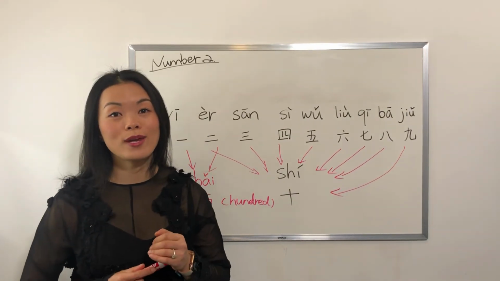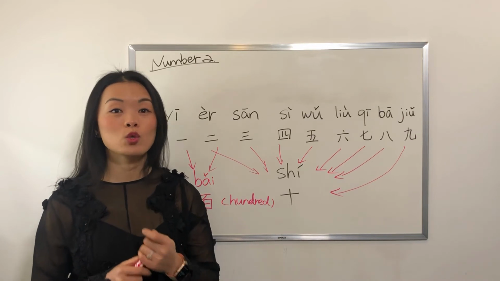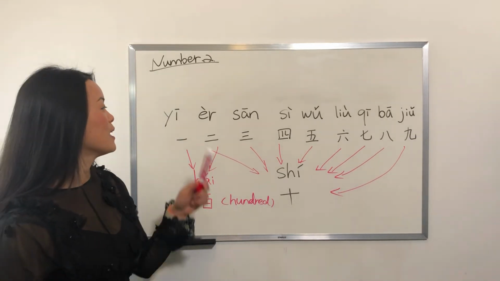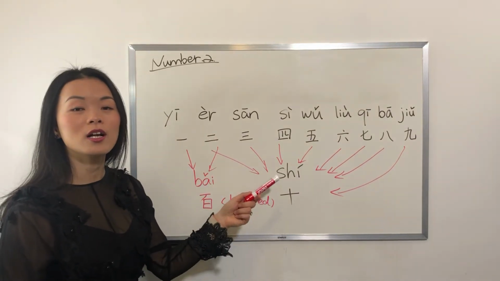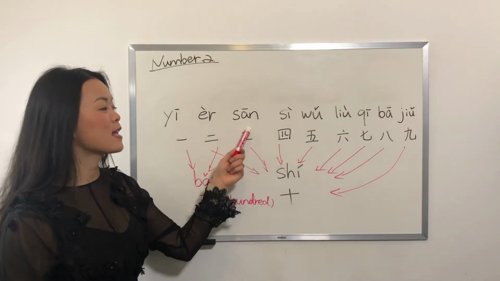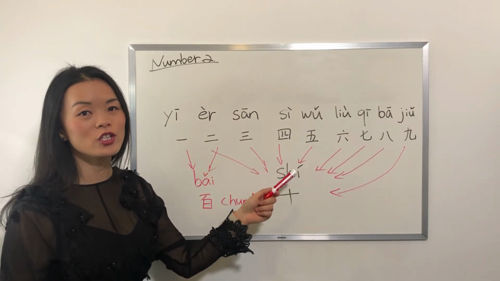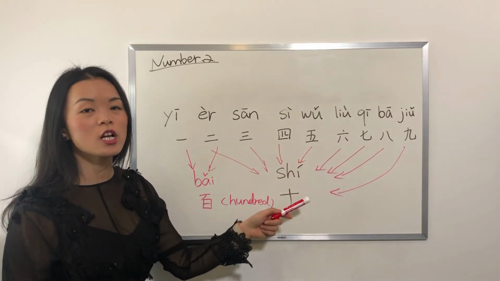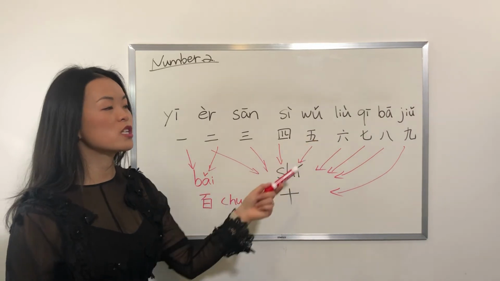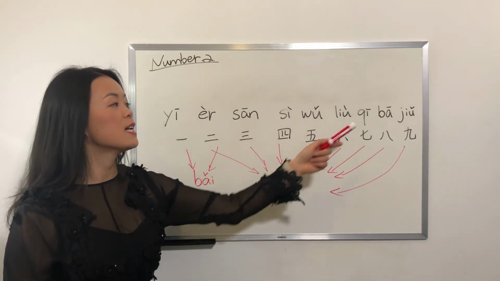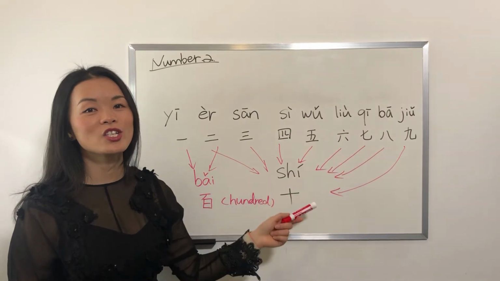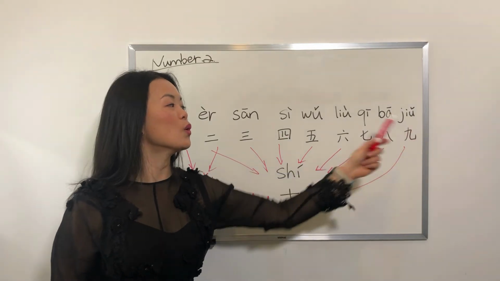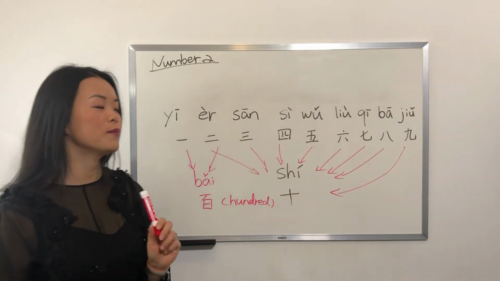So let's read one more time from 20 to 90 and then from 100 to 900, okay? 20, 30, 40, 50, 60, 70, 80, 90.